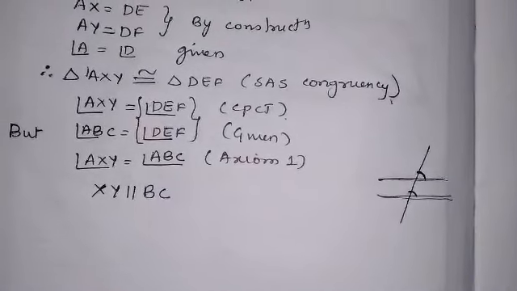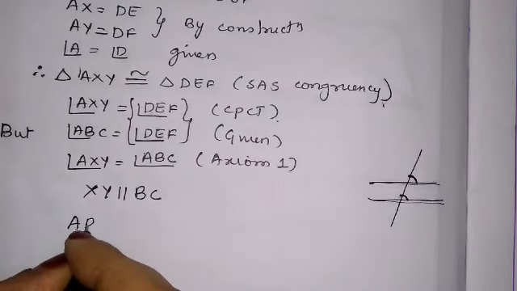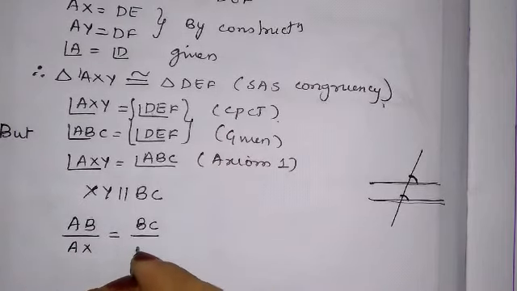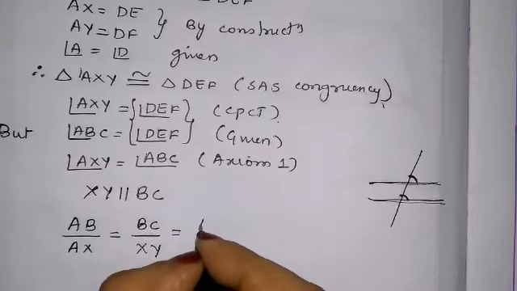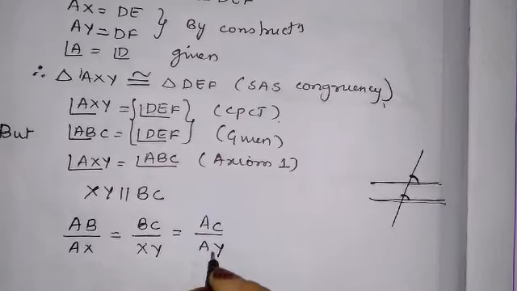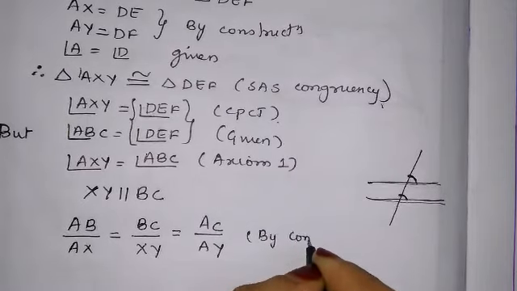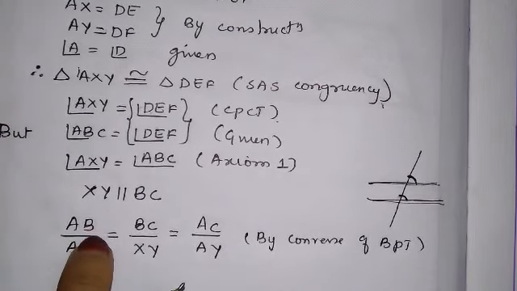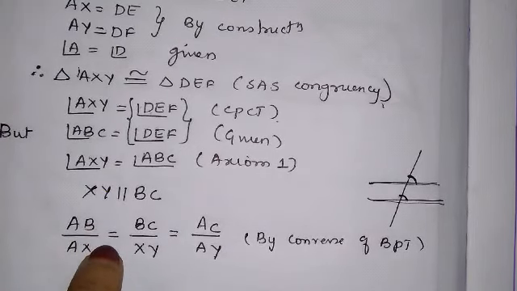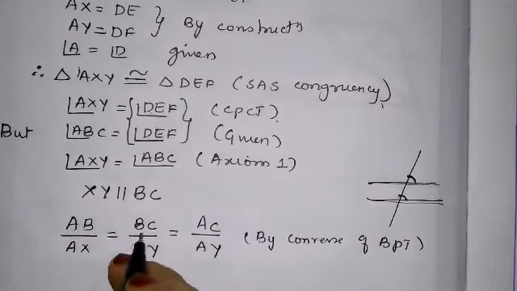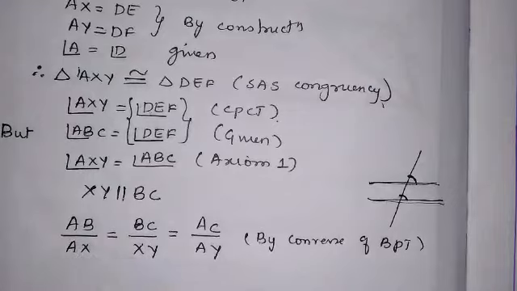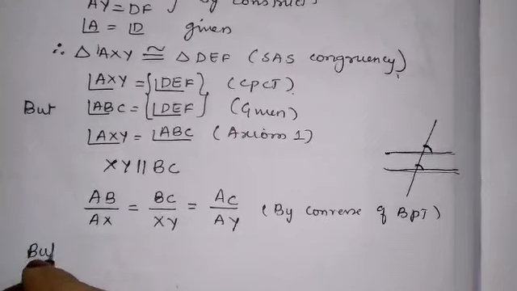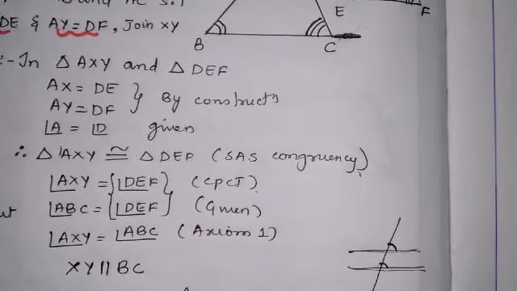I will write just AB by AX is equal to BC by XY and AC by AY, by converse of BPT. When there is a parallel line, their corresponding sides are in proportion. Like by BPT, how we have learned already. I have written, but in construction, we will focus again.